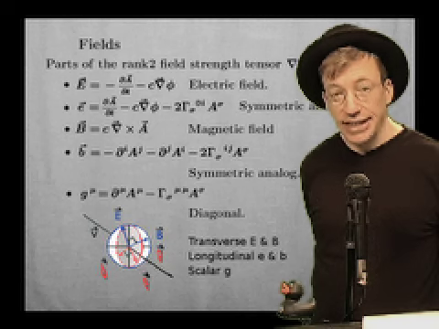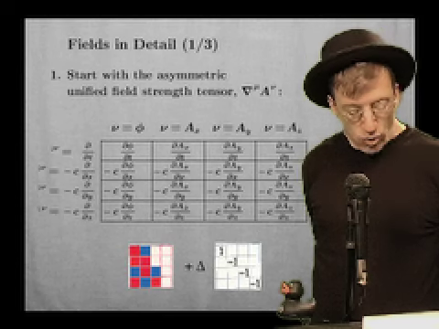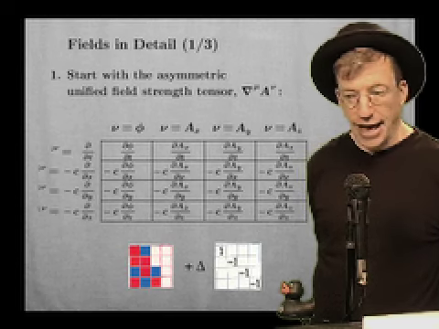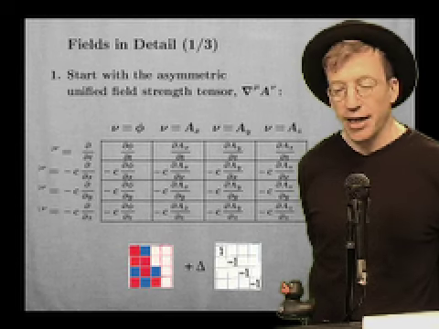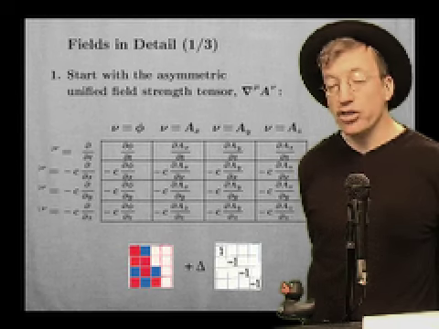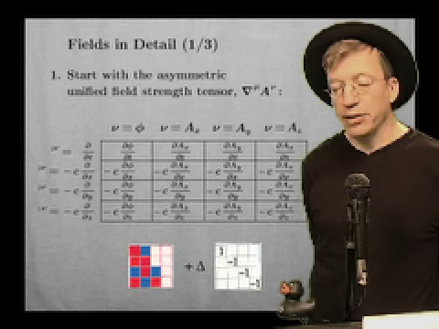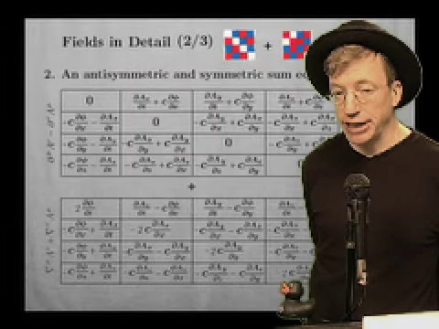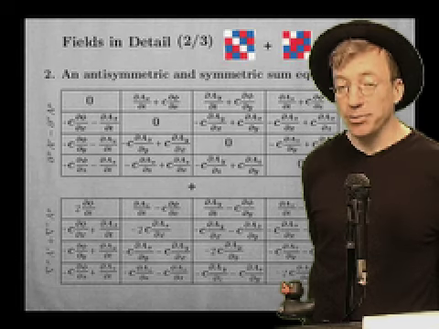Let's look at this in detail. So the asymmetric tensor basically has d phi dt's, dA dx's, all over the place. There's no real pattern here. We can build a pattern by splitting this into two, into an antisymmetric tensor and a symmetric tensor.